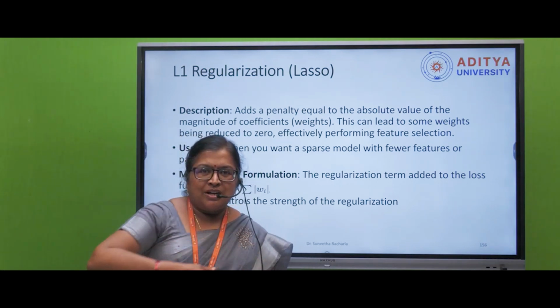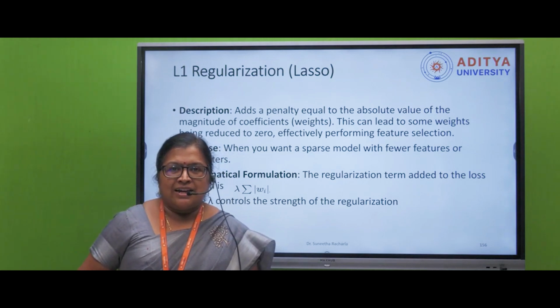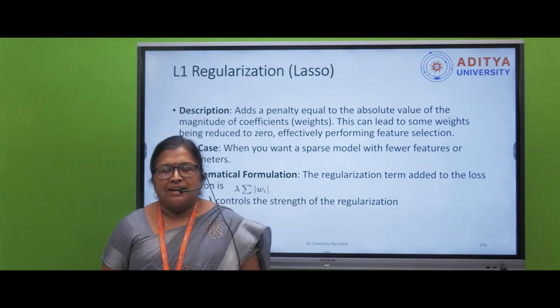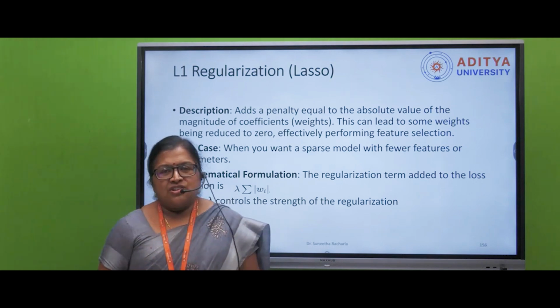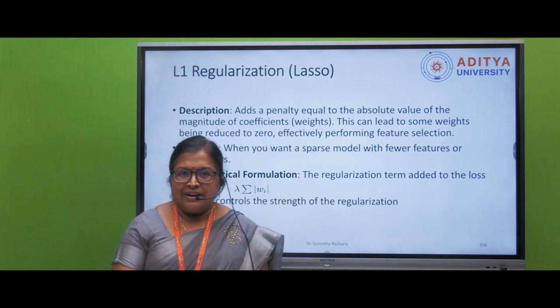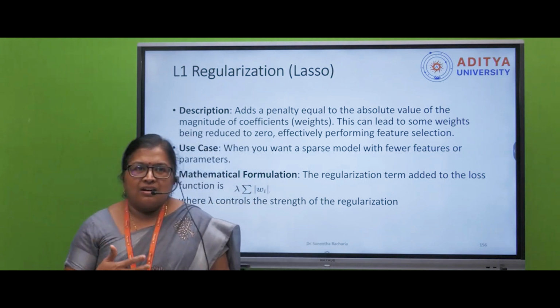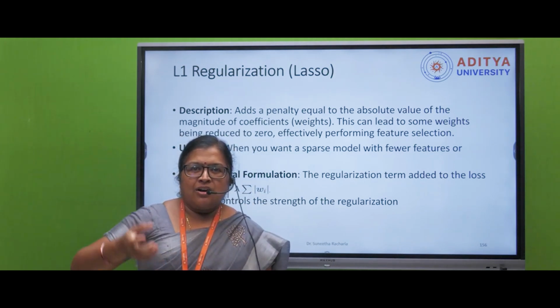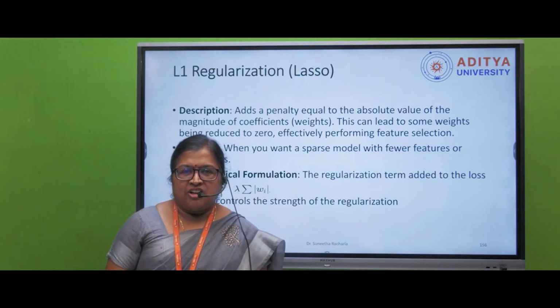Just assume that your basketball team is like your data set, your deep learning model that you are building. Lasso regularization is like, suppose in your team some nodes are not actively participating, they just show off, but they are not participating completely in your teamwork.